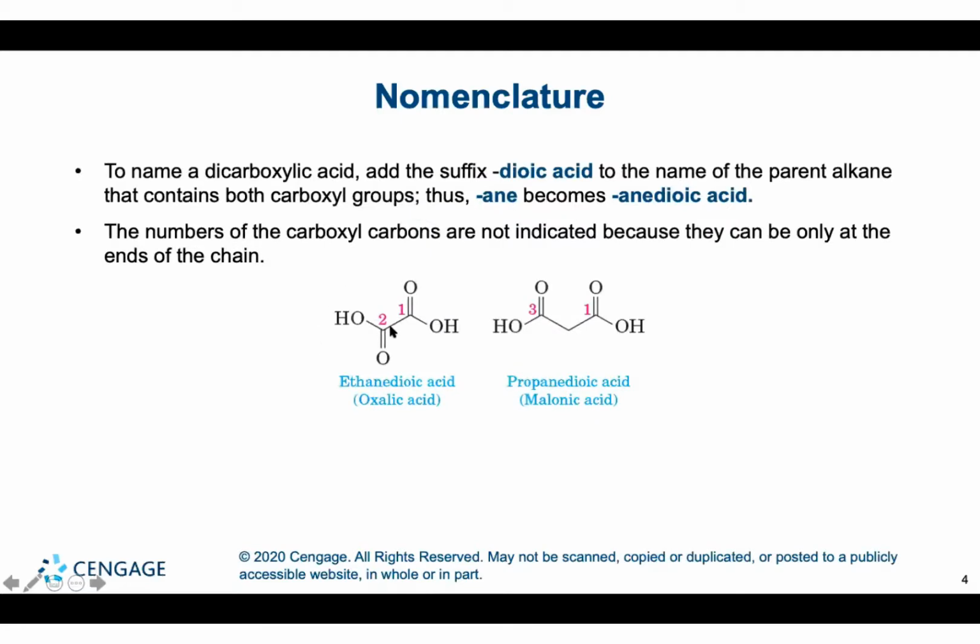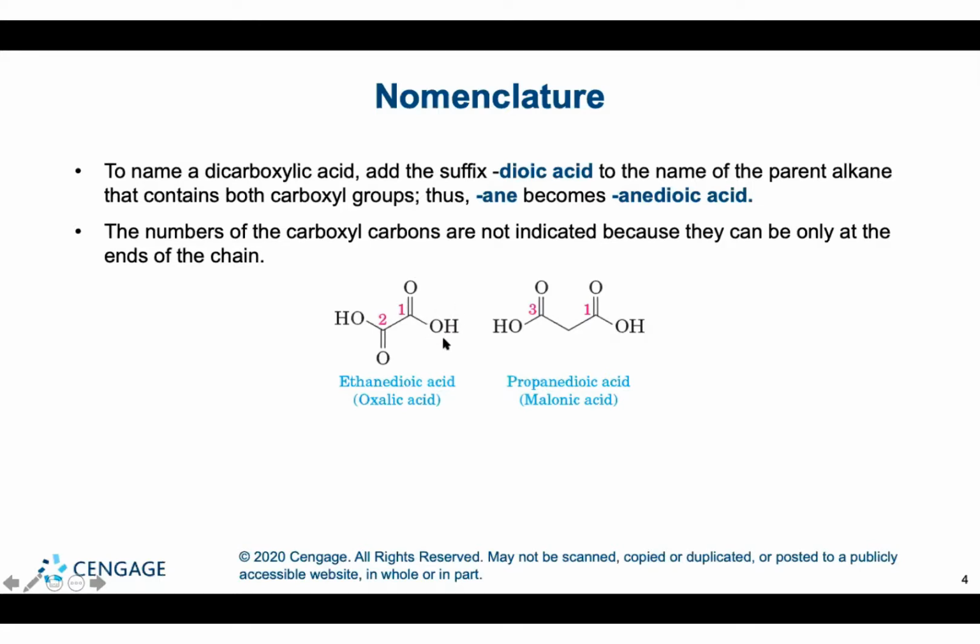What if we have 2 carboxylic acids in a structure? You see here, this is a carboxylic acid because I have a carbonyl directly attached to OH. Then you see the other side, I also have a carbonyl group attached to OH.